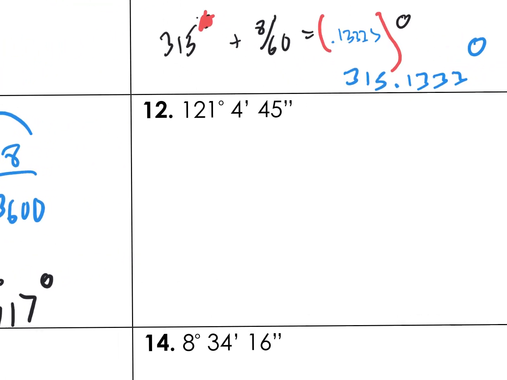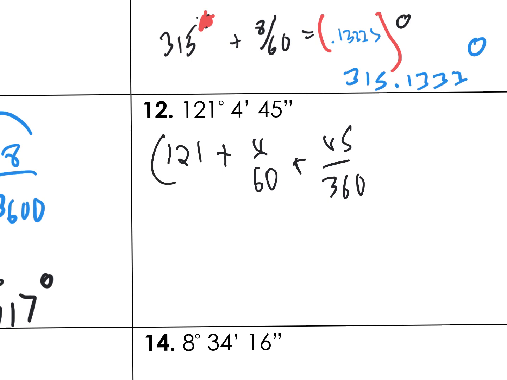Number 12. This can be 121 plus 4 out of 60 plus 45 out of 3,600. When you get done adding all that together, degrees. Okay, try it out.